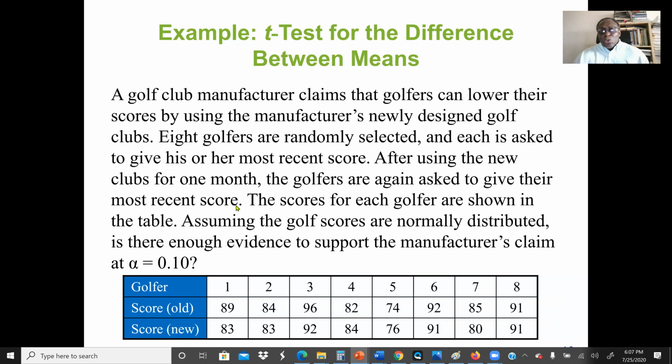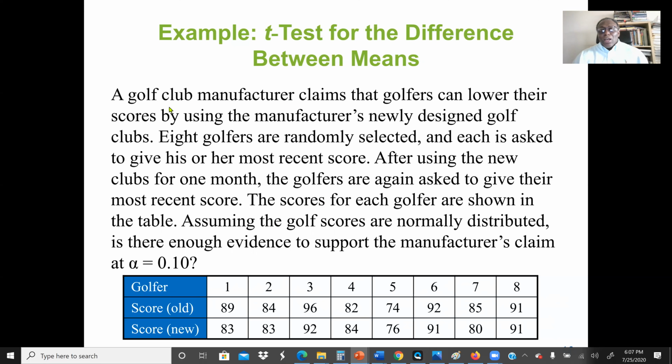After using the new clubs for 1 month, the golfers are again asked to give their most recent score. The scores for each golfer are shown in the table, assuming the golf scores are normally distributed. Is there enough evidence to support the manufacturer's claim at alpha equal to 0.10?